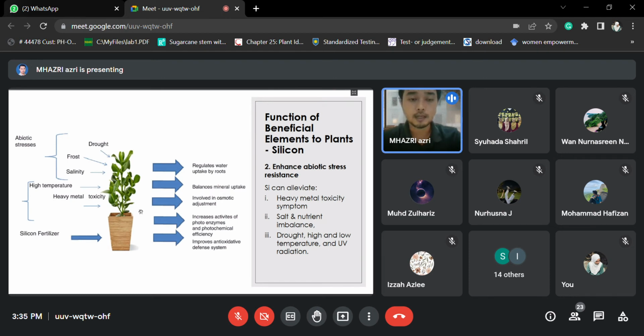So aluminium ions, especially aluminium 3 plus, has a very high tendency to hydrolyze the water molecules.